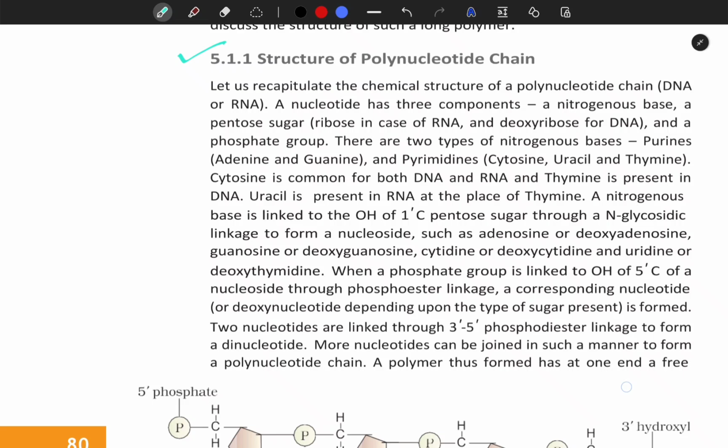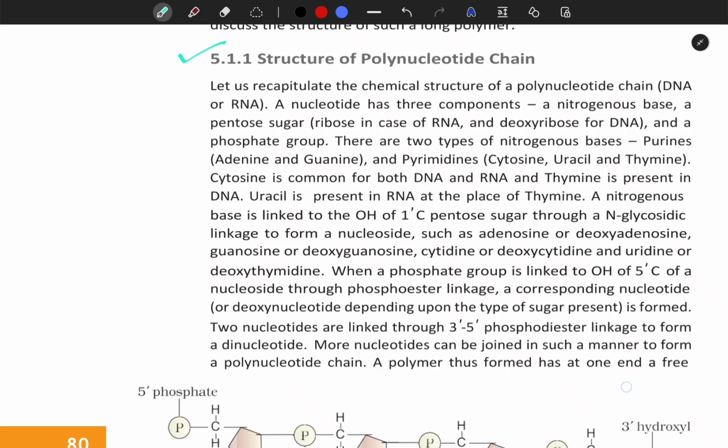A nitrogenous base is linked to the OH of the 1' carbon of the pentose sugar through an N-glycosidic linkage to form a nucleoside, such as adenosine or deoxyadenosine, guanosine or deoxyguanosine, cytidine or deoxycytidine, and uridine or deoxythymidine.